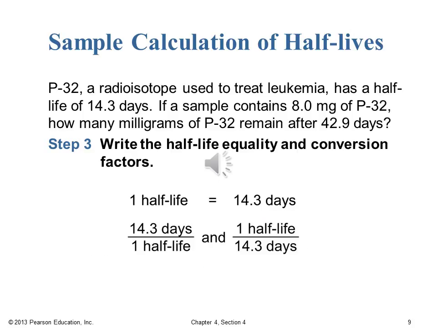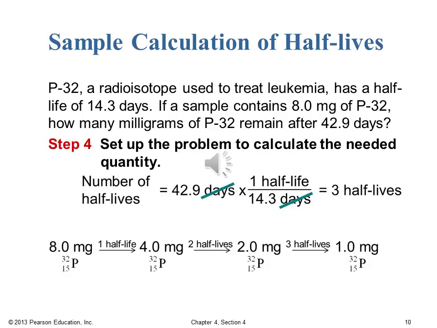So in our next step, step 3, we're going to write the half-life equality and conversion factors. So if one half-life equals 14.3 days, then we can represent that as a fraction where we have either 14.3 days over one half-life or the inverse, one half-life over 14.3 days.